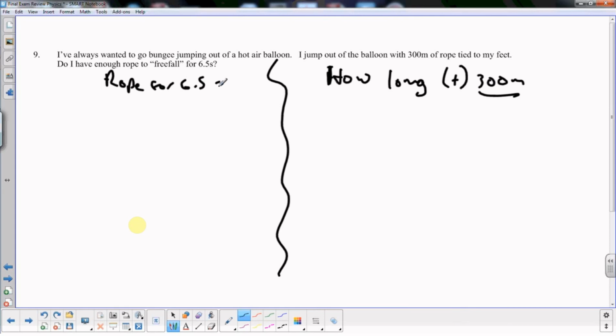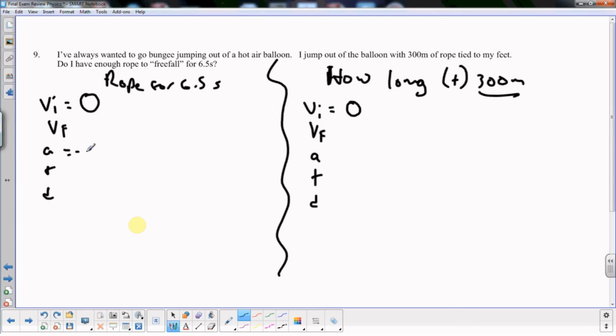All right, so we're going to do Vi, Vf, a, t, d. You're going to see this is very similar. In both of these, the initial velocity, because we're bungee jumping, is 0. In both of these, the acceleration is negative 10. This is the difference. We're going to use 6.5 seconds here and solve for distance.